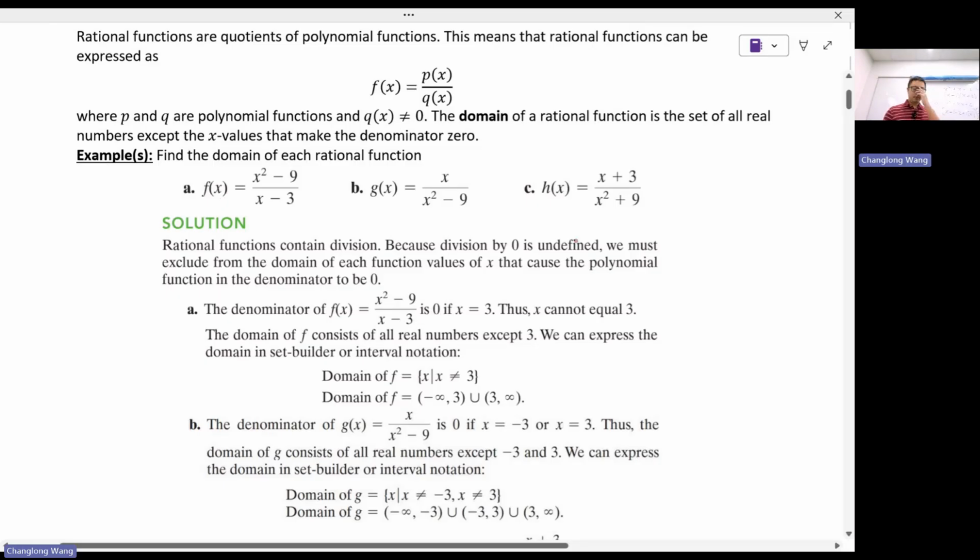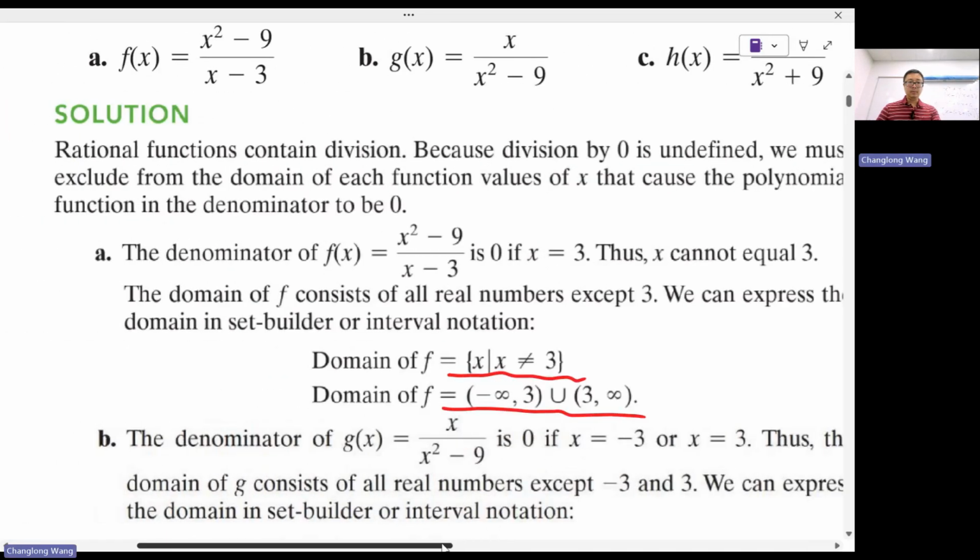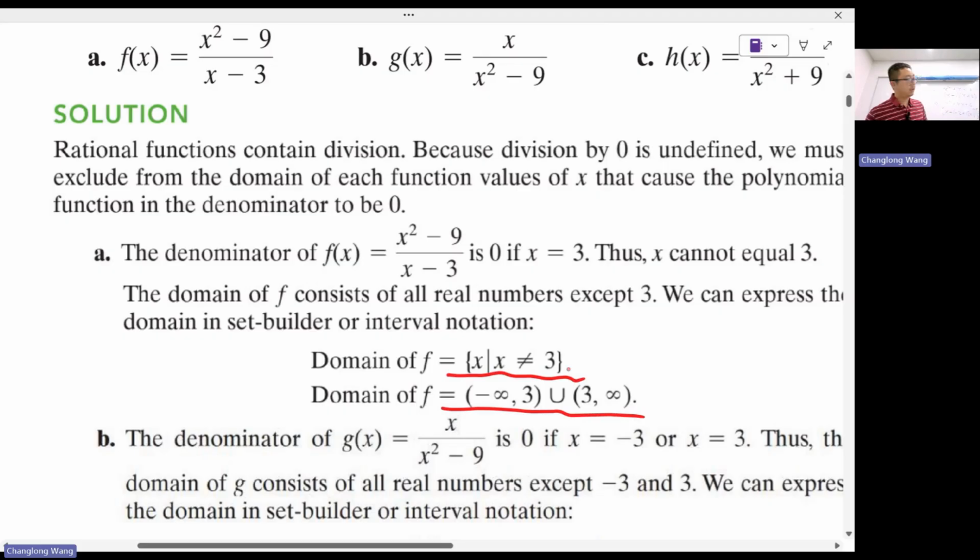You might see interval notation when the multiple choice options in the test specify the domain, but please be open to the notation with the curly brackets. I'll zoom in a little bit, and that's called set builder notation. It tells you the same thing: all real numbers, or whatever numbers you can think of, except for 3.